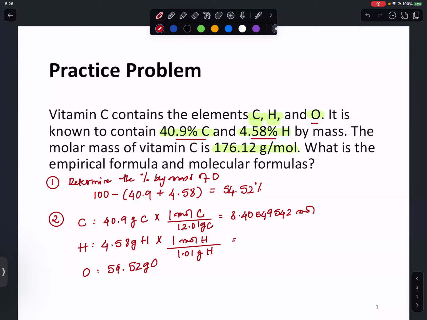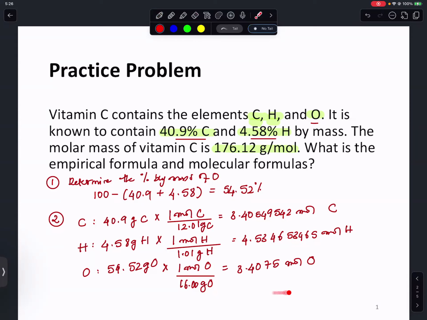And this gives me 4.534653465 moles. This is carbon, this is hydrogen. And lastly, I'm going to focus on the oxygen, and I'm going to divide by its molar mass, which is 16.00 grams of oxygen, and I get 3.4075 moles of oxygen.